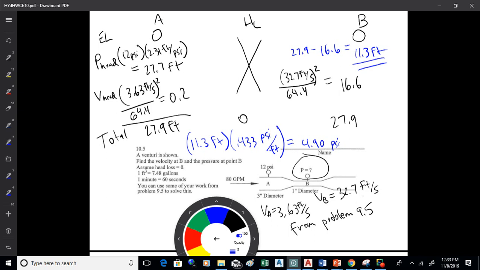So that device can be used to get the water moving so fast that you can drive the pressure to a vacuum, and that's how chemical feeds work, is by doing that. What's it called again? Venturi. It's named after some scientist who studied it.